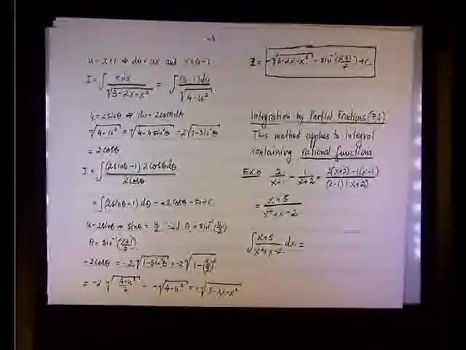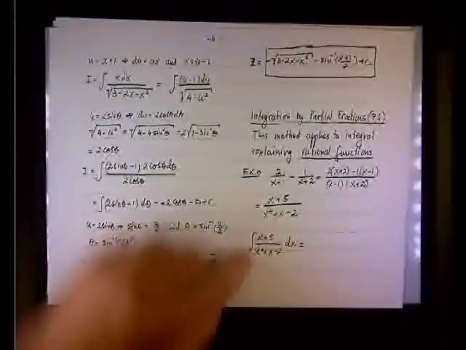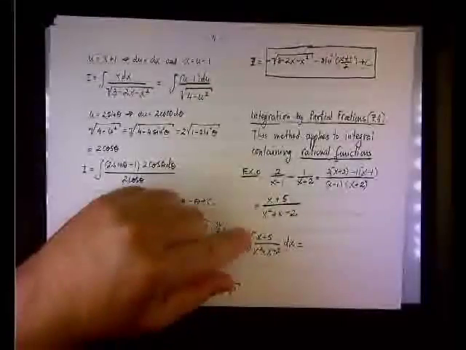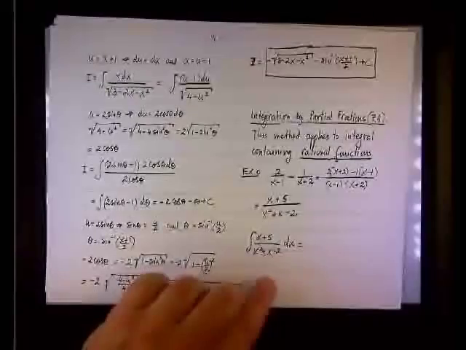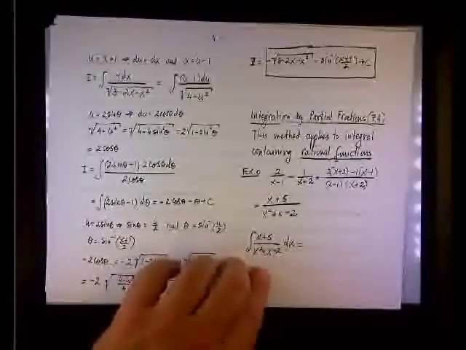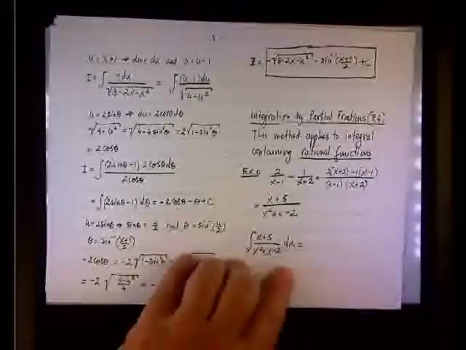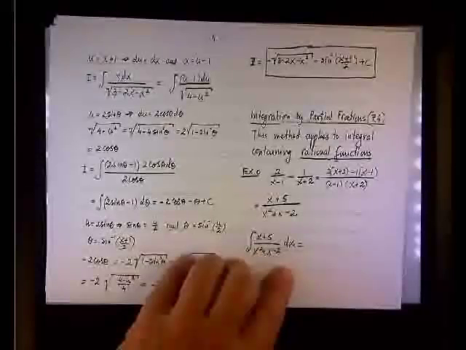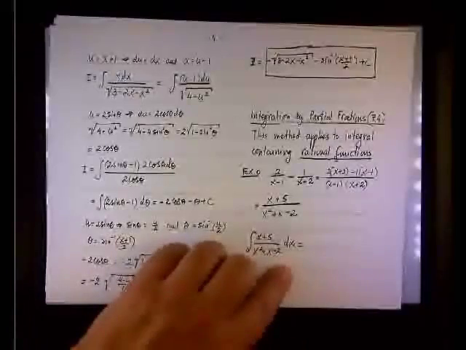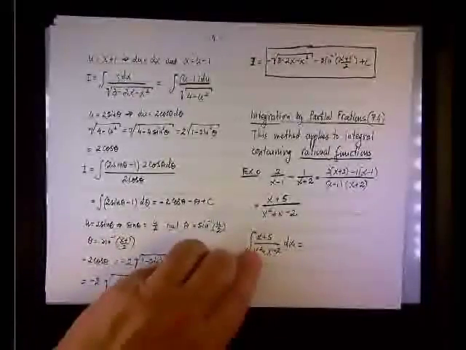And here's the idea behind partial fractions. If you are given this rational function and it turns out that you can factor the denominator, and every polynomial can be factored as a product of linear or quadratic functions, that's an algebra theorem that we're going to address again after this exercise.